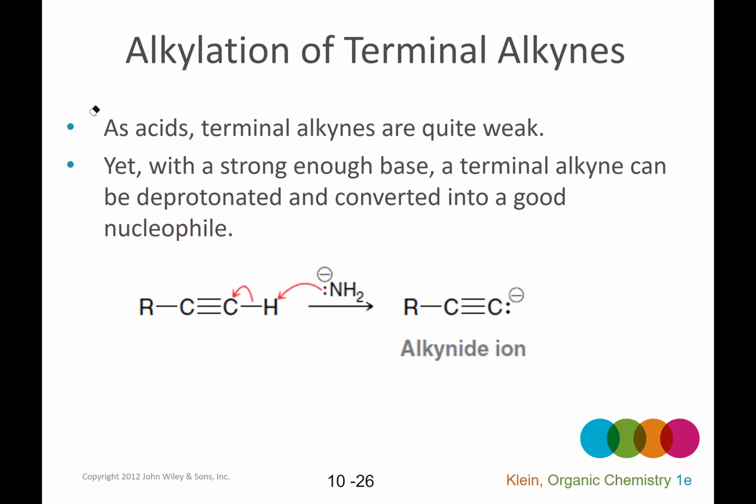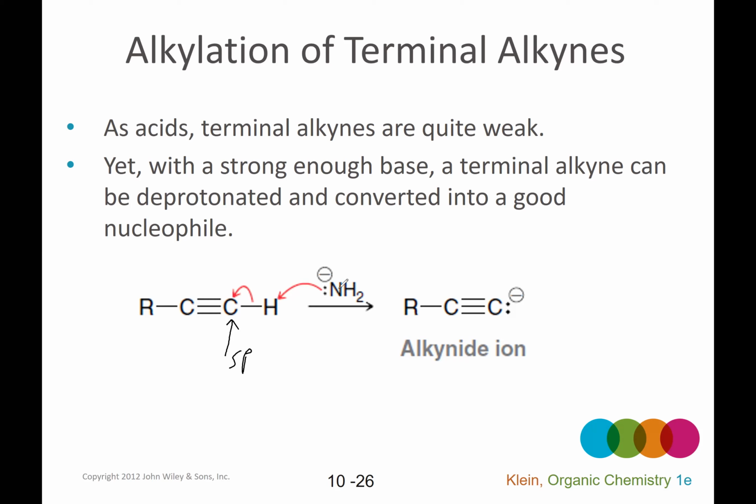The first thing I want to point out is that a terminal alkyne, that's an alkyne where the triple bond's at the end of the chain, so there's a hydrogen attached. This is an sp carbon, and sp carbons are weak acids, but they're much more acidic than hydrogens on double bonds, or even more acidic than hydrogens on single bonded carbons.